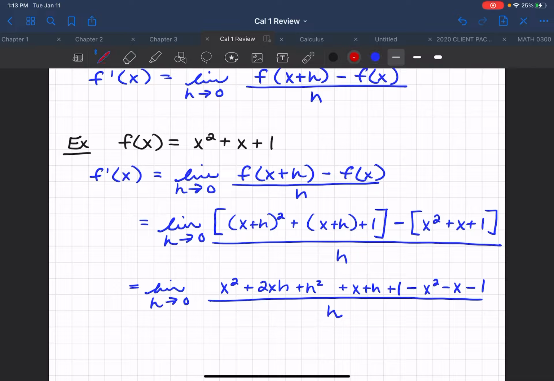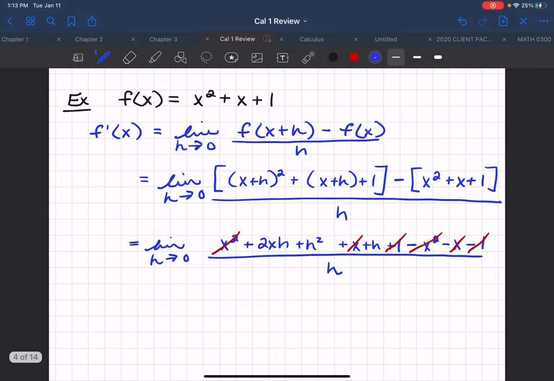So if you notice here, I've got an x squared and a negative x squared. That'll cancel. I've also got an x and a negative x and a 1 and a negative 1. So everything that didn't have an h with it will end up canceling out. And that's what's going to allow me to cancel the h in the denominator and be able to evaluate the limit.